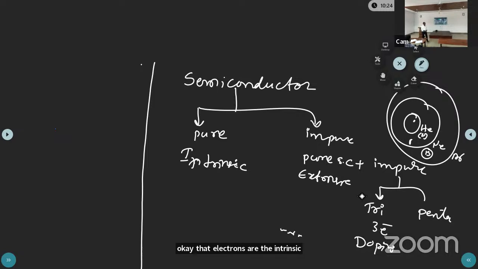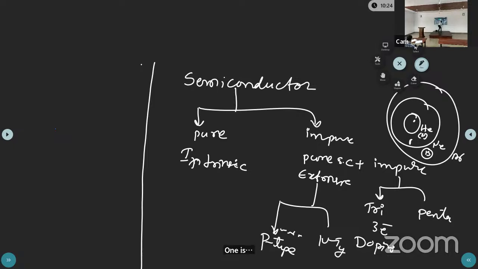Now, these extrinsic semiconductors are of two types: P type and N type semiconductors.